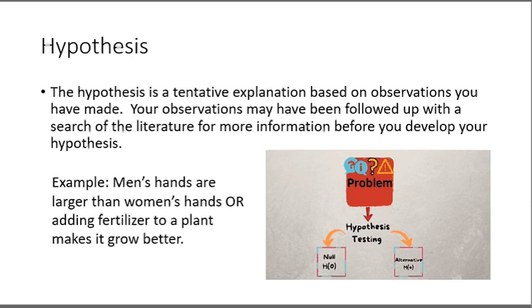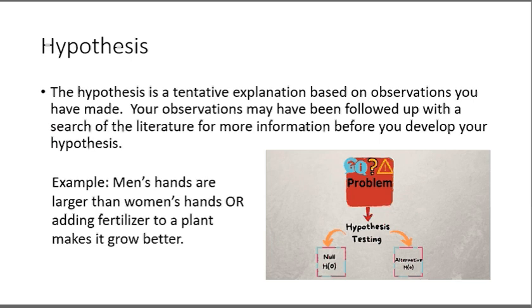For example, this is an observation: men's hands are larger than women's hands. Actually, I've observed that a lot, but is there a statistical tool that can prove that men's hands are really larger than women's hands?